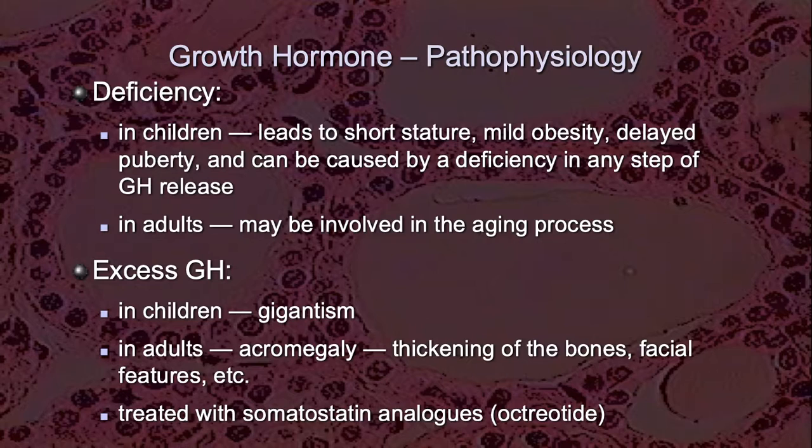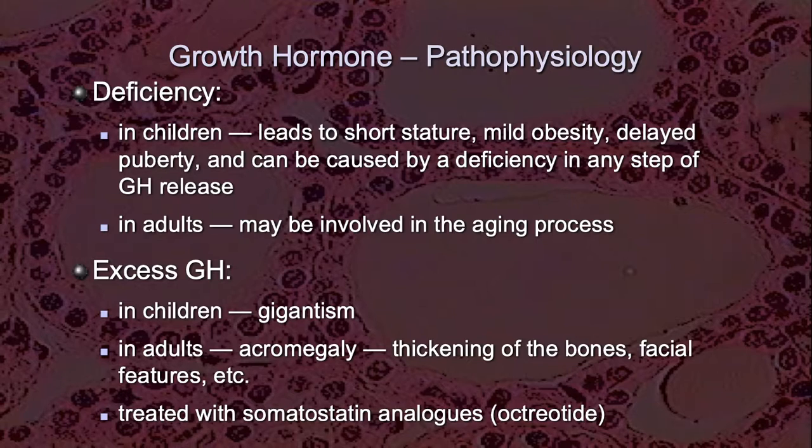Okay? So excess growth hormone is treated by using a somatostatin analog. Somatostatin is a natural hormone. It does the opposite of growth hormone. Okay? So that's its normal job in the body. And so we're putting in an analog to somatostatin, so a chemical that functions like somatostatin. So it's going to prevent the extra growth hormone from causing too many problems.